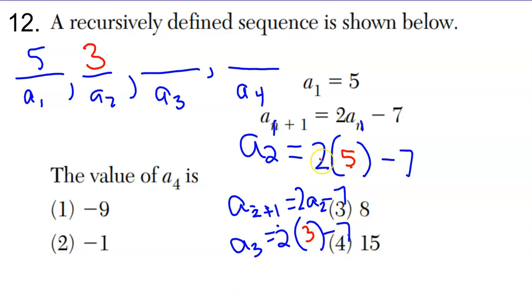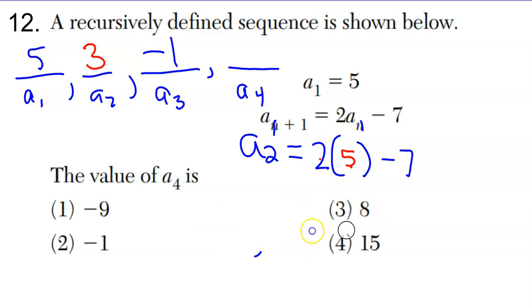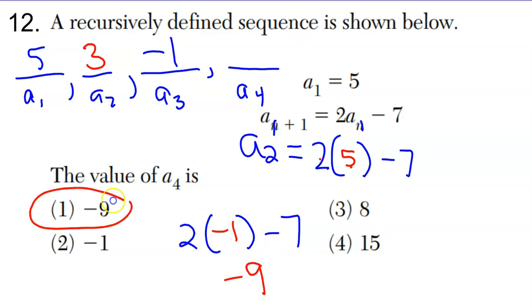So it looks like I always do 2 times the previous number, take away 7. 2 times the previous number is 6. 6 take away 7 is 1. So now I'm going to do this math again. 2 times the previous number, take away 7. 2 times the previous number, take away 7. Negative 2 minus 7 is negative 9.